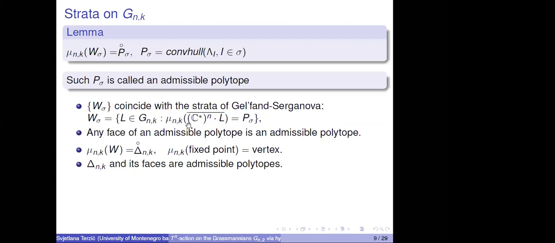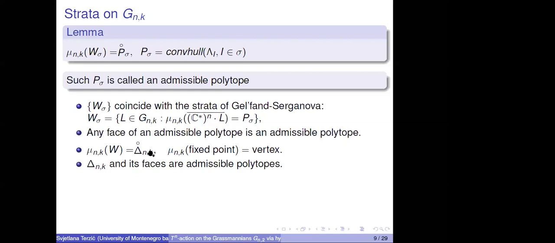From this description, which actually follows from the Atiyah-Guillemin-Sternberg convexity theorem, it follows that any face of an admissible polytope is an admissible polytope in the case of G(n,k).